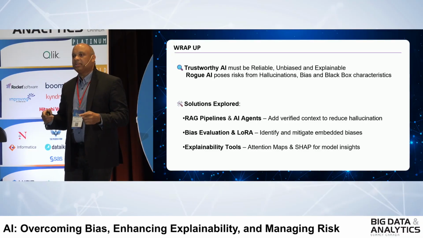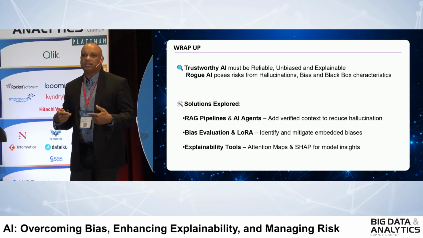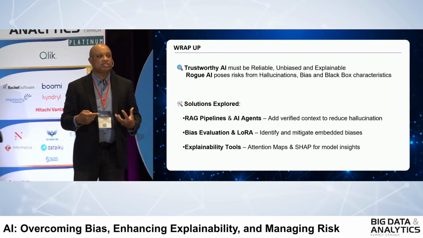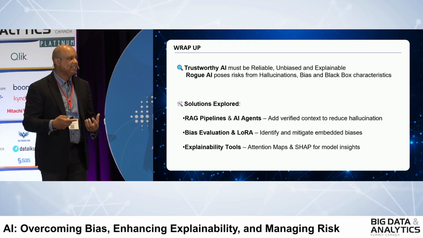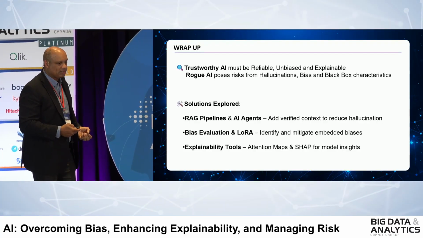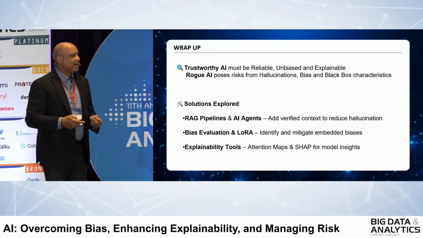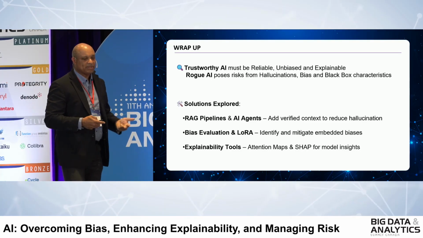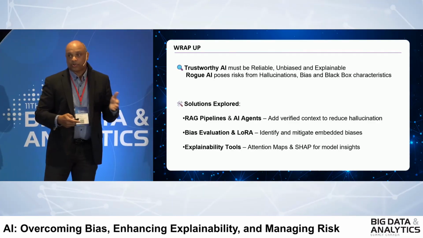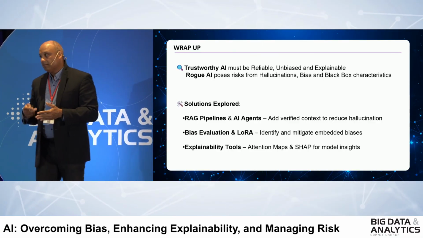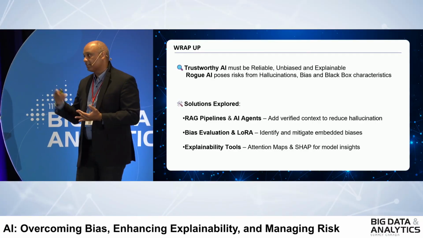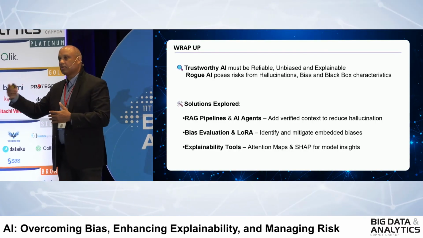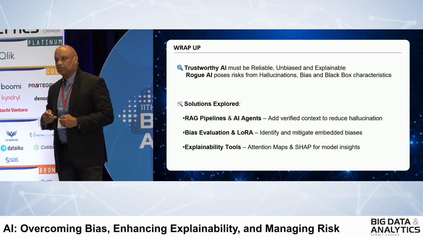And the reason for that is because these models are not going to be able to be used in certain circumstances, especially in highly regulated industries, with certainty, unless we have tools and techniques by which we can mitigate these risks. So when we talk about trustworthy AI, the bar for me is these three things. It must be reliable, it must be unbiased, and it must be explainable. If we do come across rogue AI, with a risk of hallucination, bias, and certainly black box characteristics, then we have to rely on the tools we have and those that are under research to mitigate those risks.